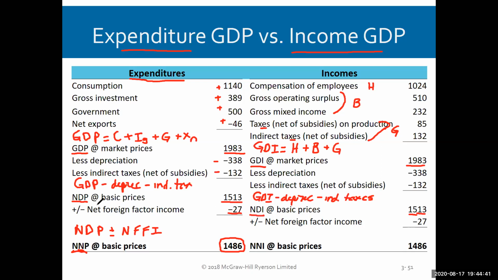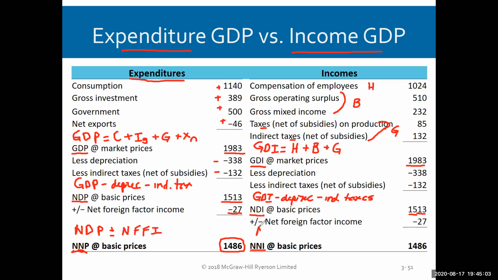Well, look here, we've got net domestic product, 1513. Here we've got net domestic income, 1513. They have to be the same. And then to get net national income, we're going from domestic, just happening inside the borders, to national, which means just focusing on Canadians and Canadian companies.